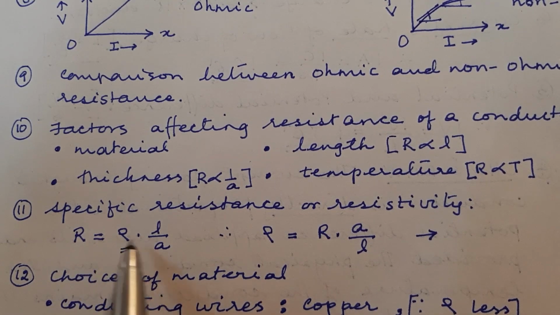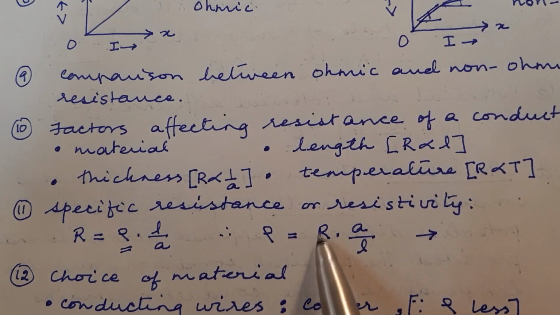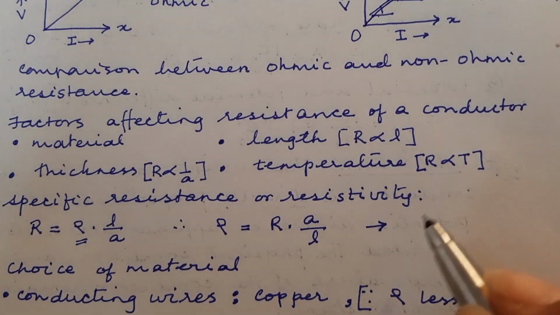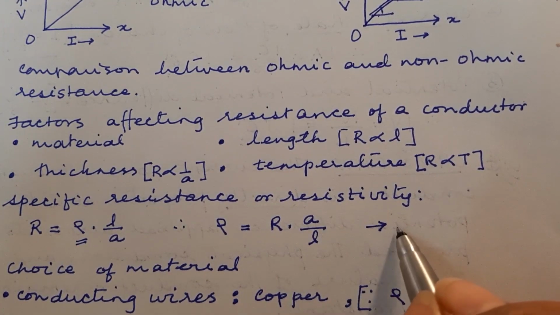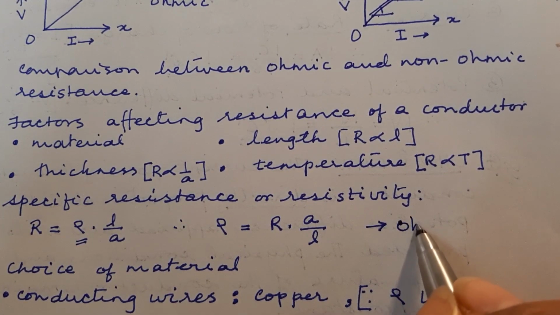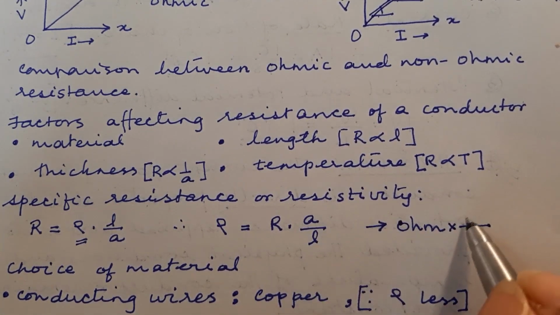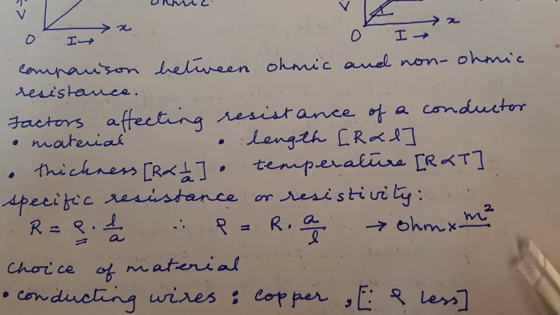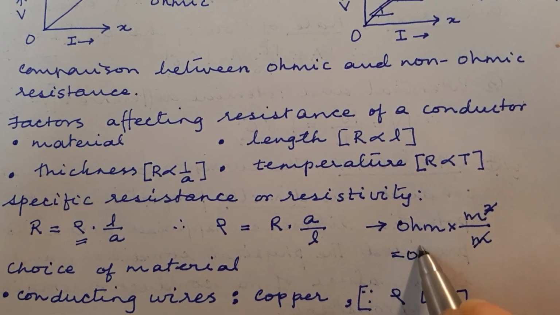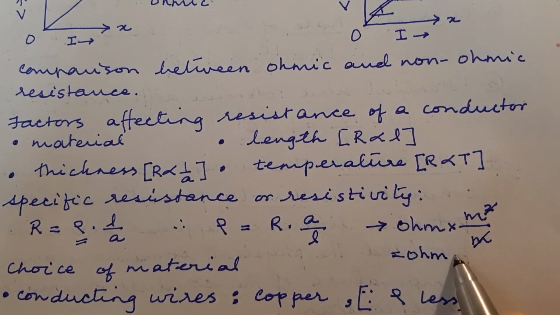So R is equal to rho into L upon A. Therefore, rho is equal to R into A upon L. Now unit wise, for resistance you will write ohm, multiplied by the area of cross section, which in SI unit is meter square, and length will be meter, and so you will have ohm meter.